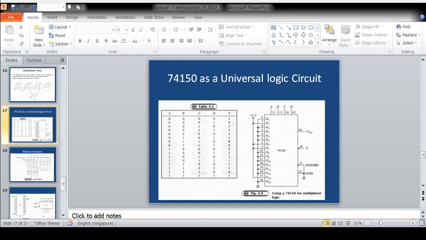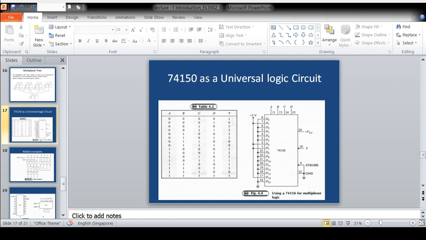74150 is also known as a universal logic circuit. That means any 4 variable truth table can be implemented using this IC. So you don't have to prepare a sum of product equation or an individual circuit diagram for each one. This particular IC can take care of any 4 variable truth table.